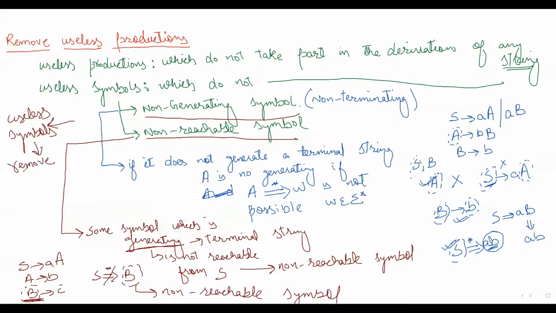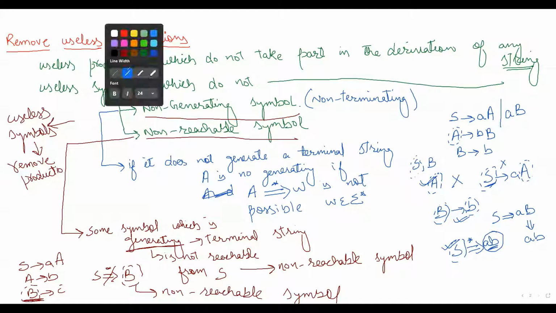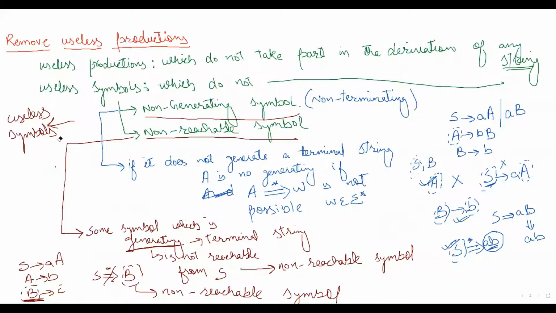Removing such symbols means removing productions. These symbols are useless because some are non-generating and do not generate terminal strings, and even if some are generating, they are not reachable from the start symbol.